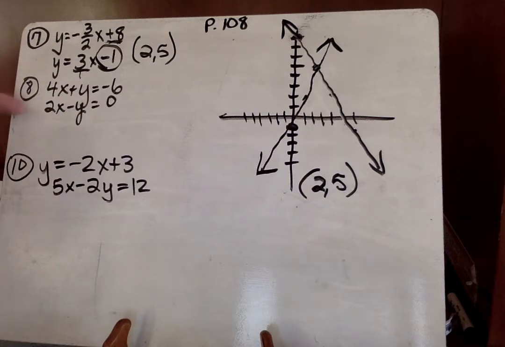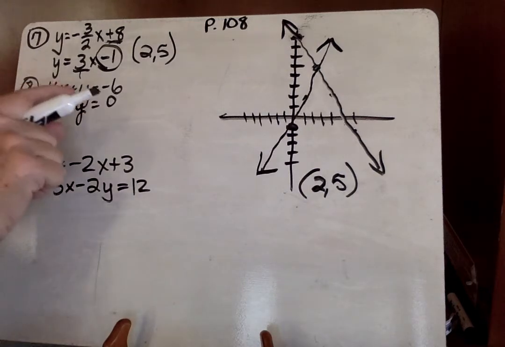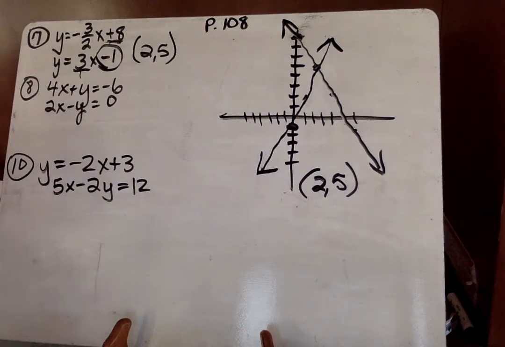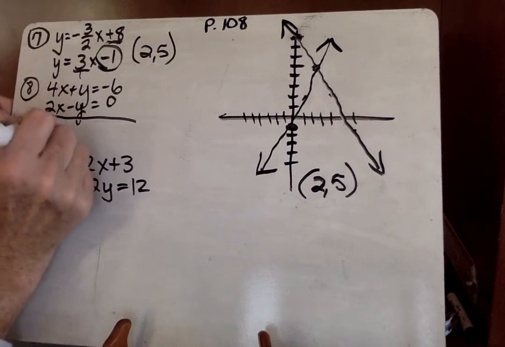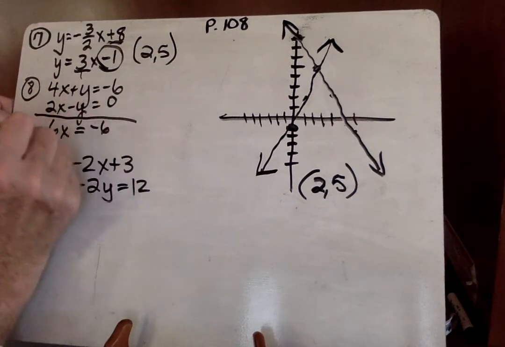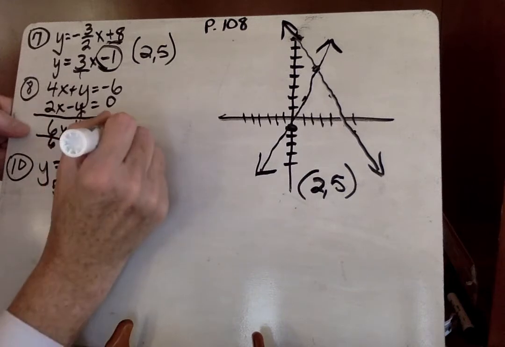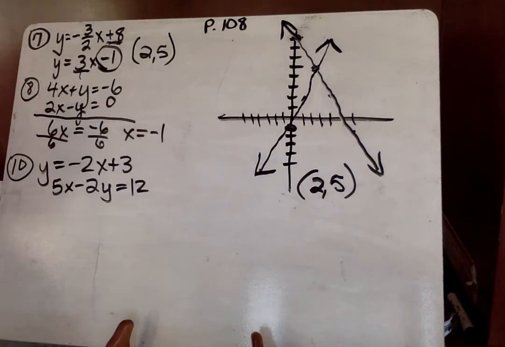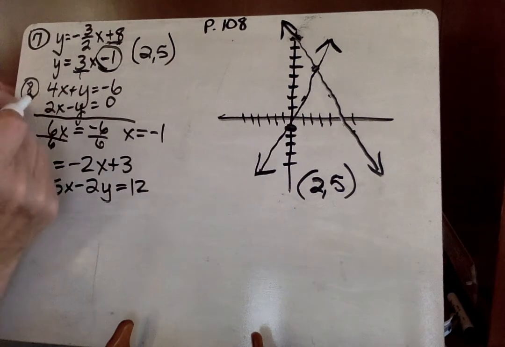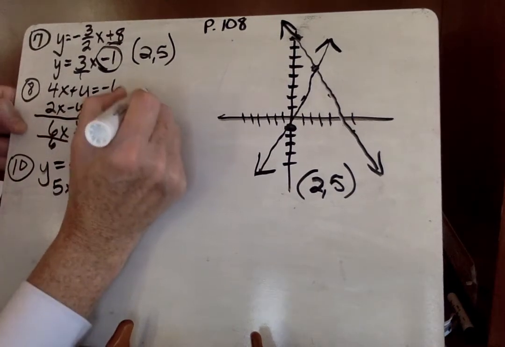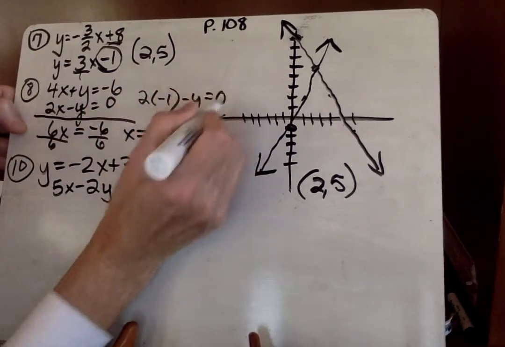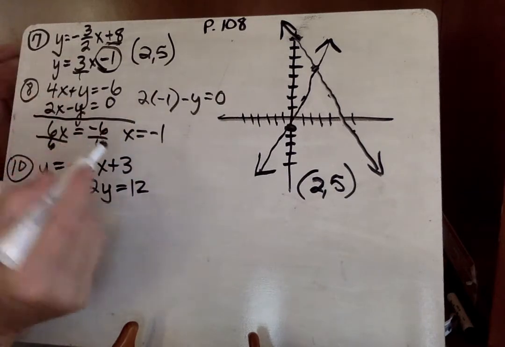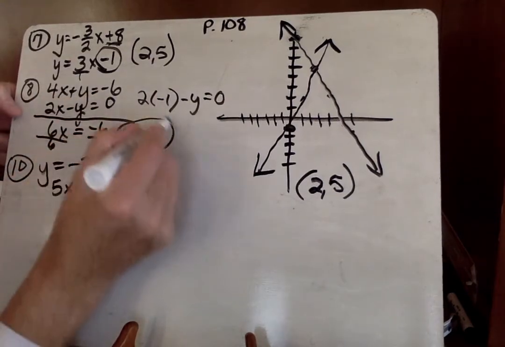And we say, oh, what's the best way for this? Well, these have a plus y and a minus y. So I'm going to go ahead and add them together and get 6x equals negative 6. Divide by 6, and I get x equals negative 1. Now I'm going to put that back in the equation. 2 times negative 1 minus y equals 0. And then again, I'm working so I can figure out what y is, because I know what x is already.